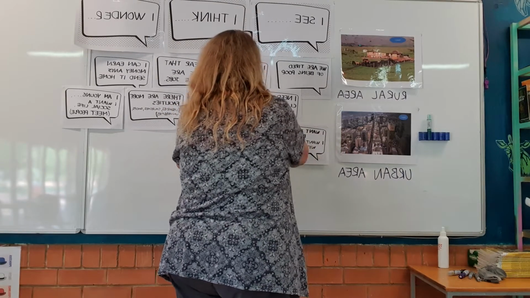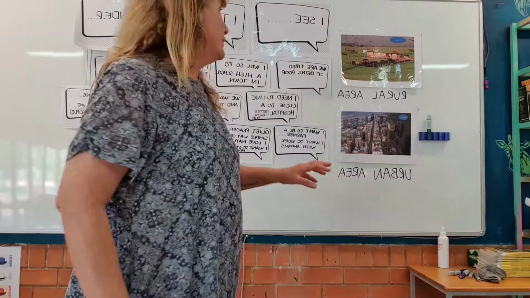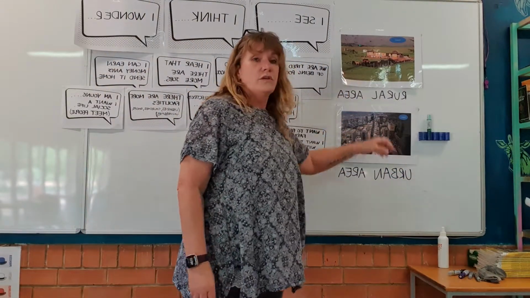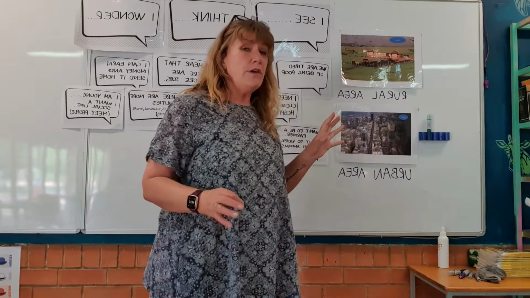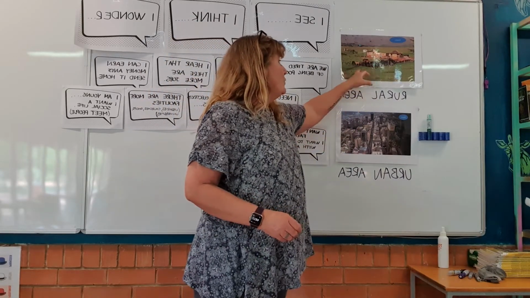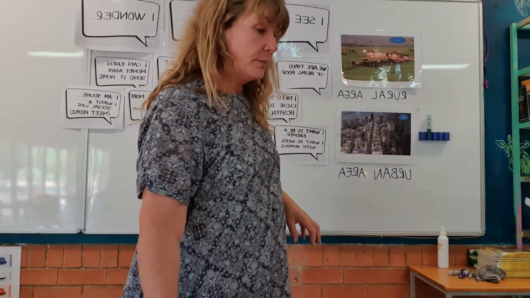I love nature and I want to stay with my family. If my family were living in a rural area, I would want to stay with my family. I think this would be quite scary to go and live in when you have lived in a quiet, gentle place your whole life.